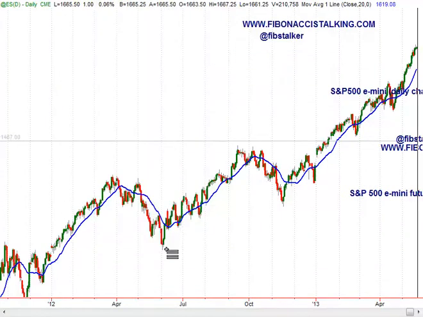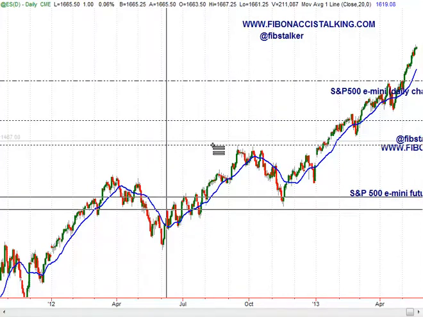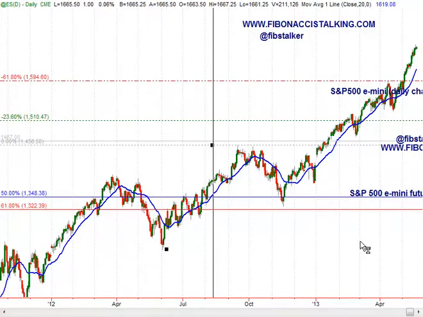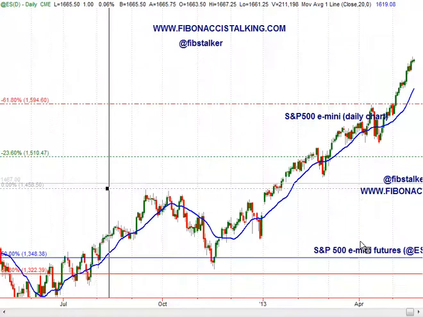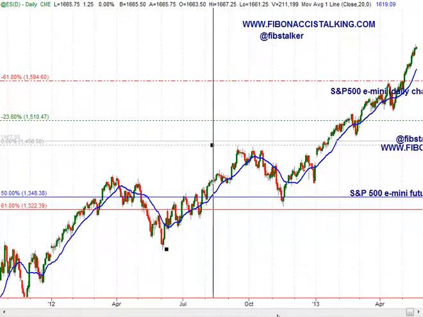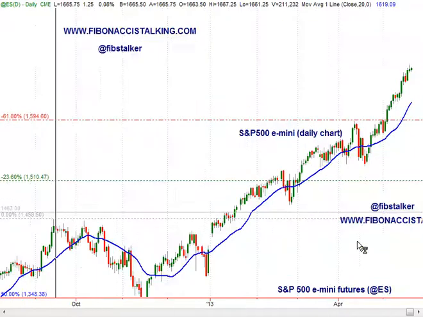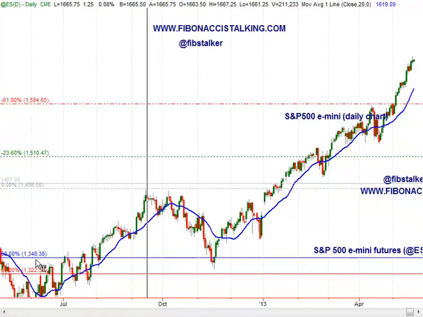Those who follow me know that in my last few analyses of the SP500 mini, I always start from these May-June lows in 2012 to highs in September, and that identified this 1348 level, and we had long participation at this level, and price never went below 1322 on this continuous contract here.